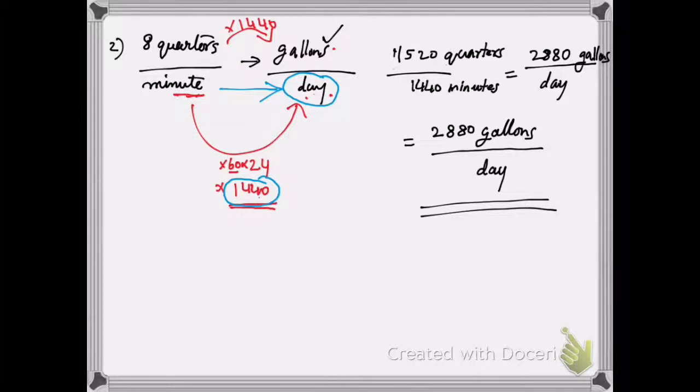Because a day has 24 hours and each hour has 60 minutes. So 24 times 60 is 1440, correct? Okay.